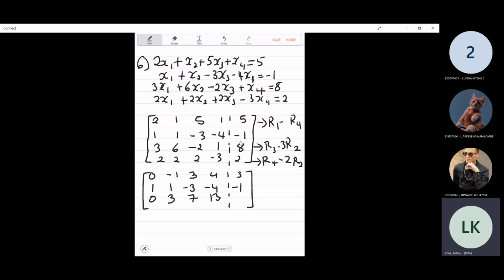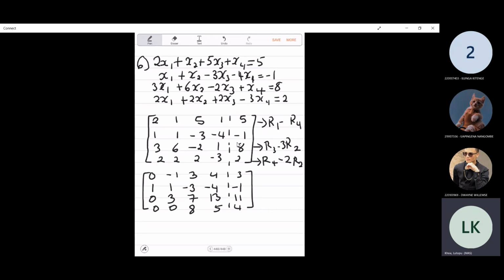Then 8 minus negative 3, which is 11. Then the last row we will get 0, 0, 8, 5, and 4. So this row minus 2 times that one. So 0, 0, 4, 3 minus negative 8, 2 minus negative 2.